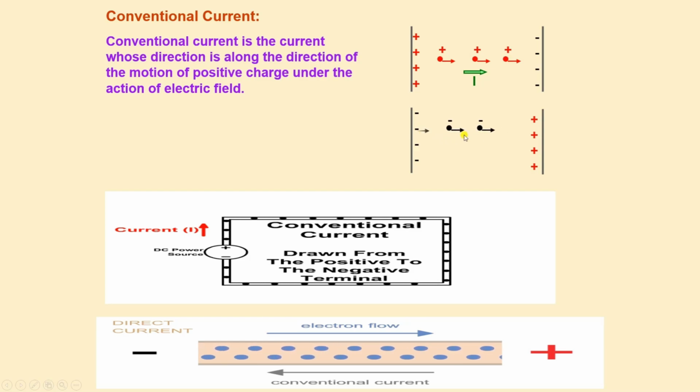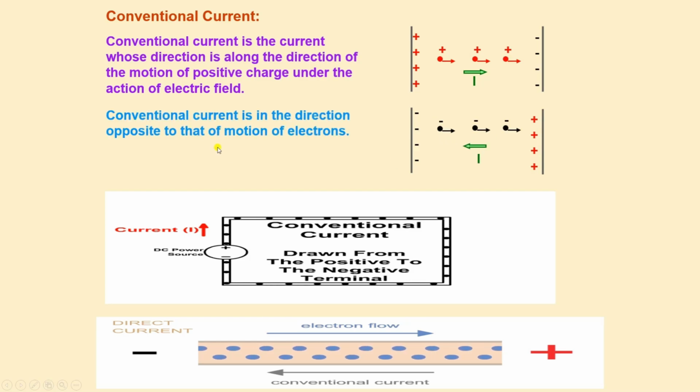Negative charge flows from the negative end to the positive end. The conventional current is in the direction opposite to the motion of the electron. Here, by applying a DC battery, the current flows from the positive terminal to the negative terminal, and that is taken as the conventional current.